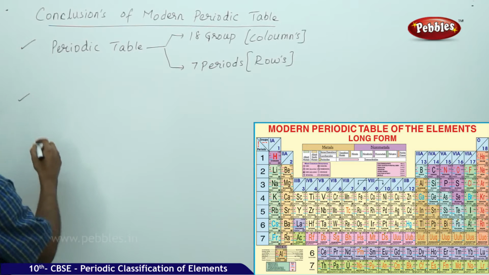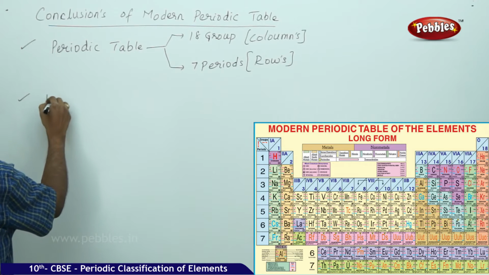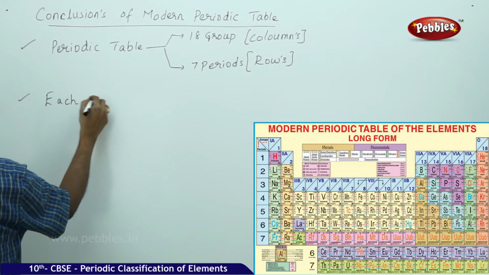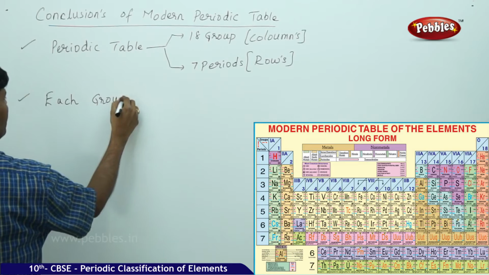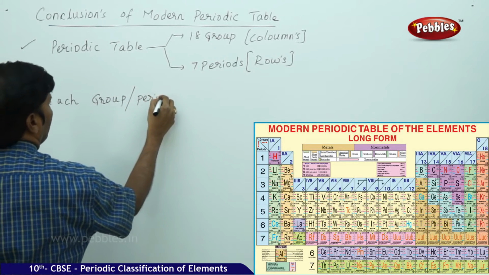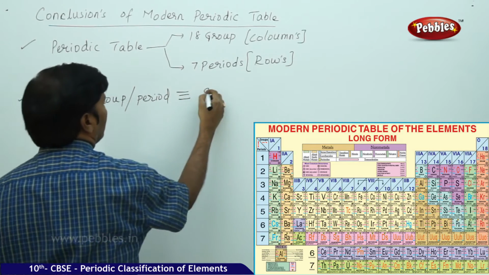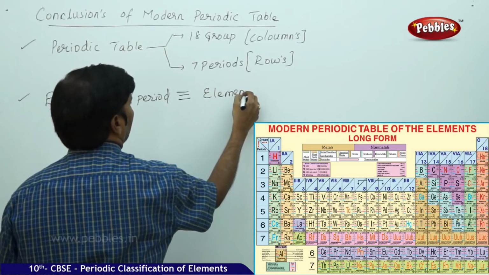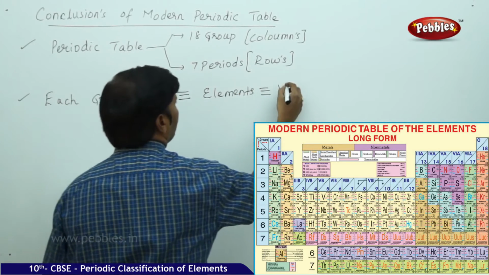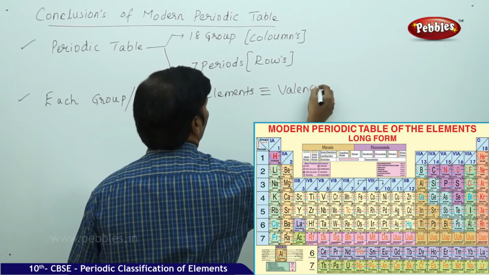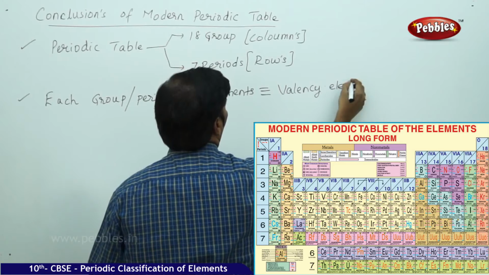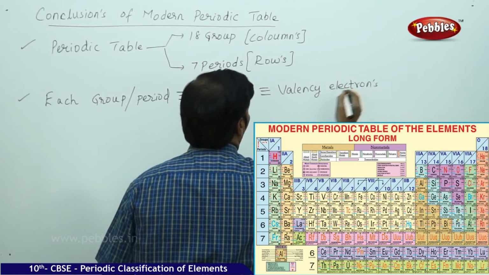Next, each group or period contains elements with valency electrons.